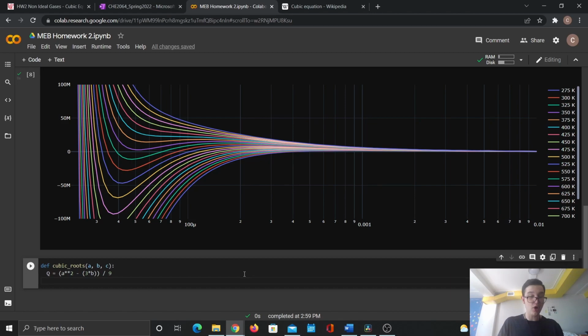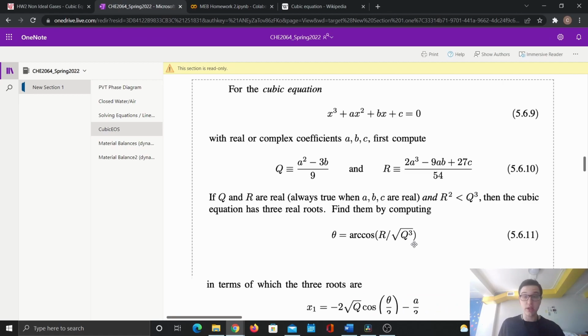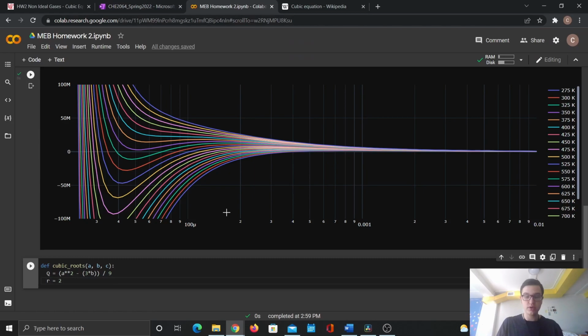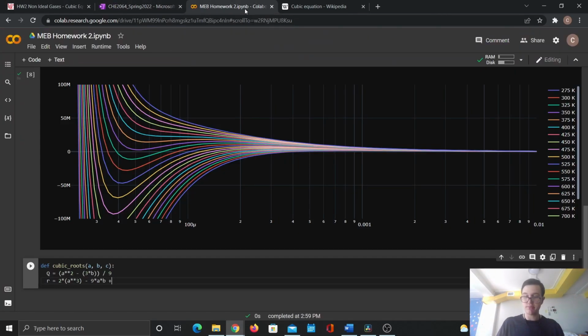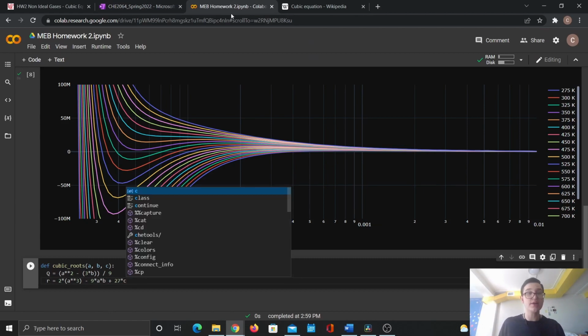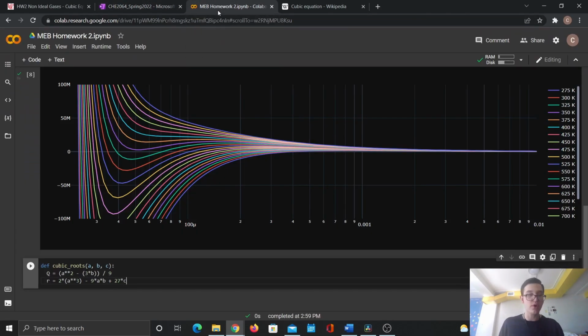R is equal to, lowercase r, 2 times A cubed, minus 9 times A times B, plus 27 times C, and that is all divided by 54.